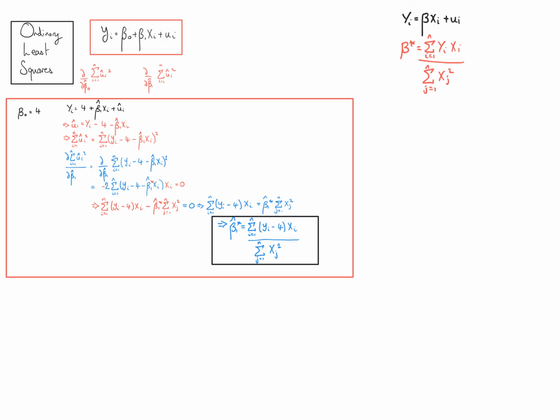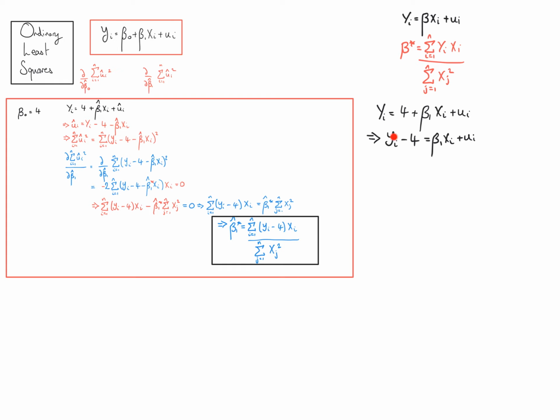We could have just written in this example the relationship that we're estimating is yi equals 4 plus beta 1 xi plus ui, which means that our dependent variable we could convert to being yi minus 4. We could take the 4 over to the left-hand side and just give us that the relationship that we're estimating is yi minus 4 equals beta 1 xi plus ui.